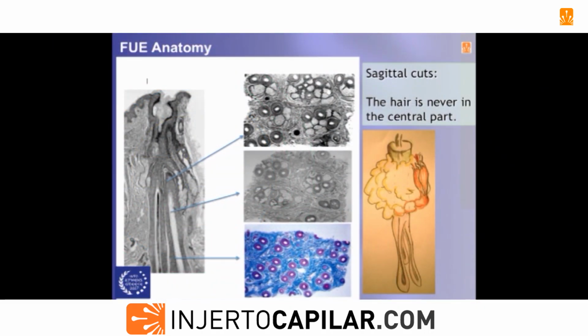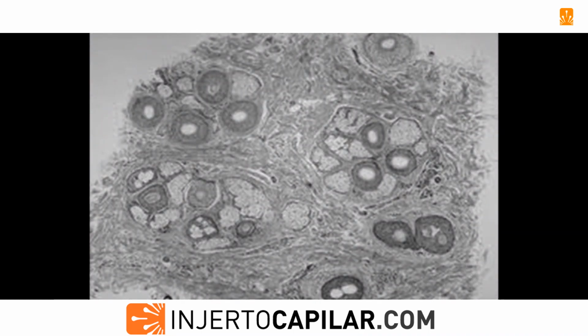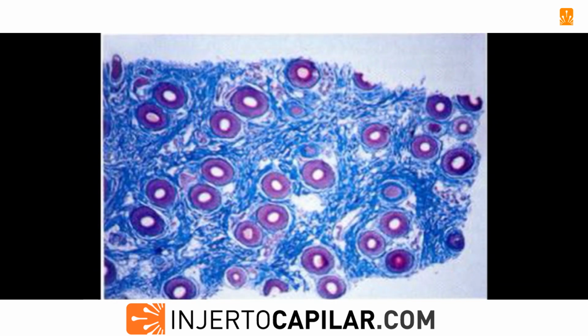If we do a sagittal cut at different levels, we observe that in the upper part, all the units are close together with little intercellular tissue. In the mid part, at the level of the isthmus and bulge, the sebaceous glands disappear and there is more tissue among them. In the lower part, all roots are independent with their own outer sheath.